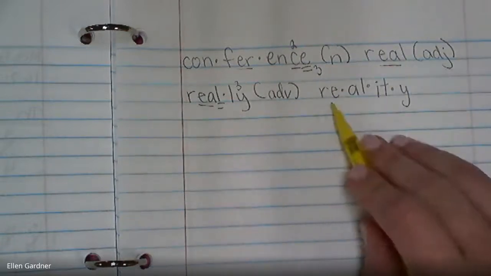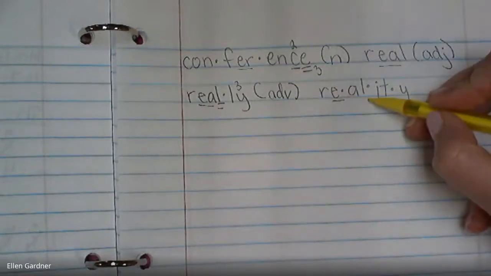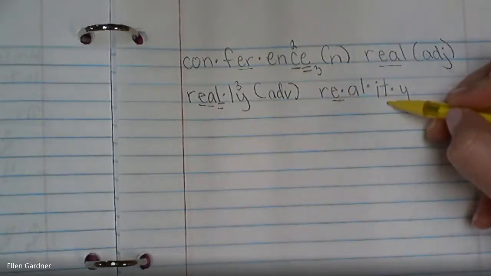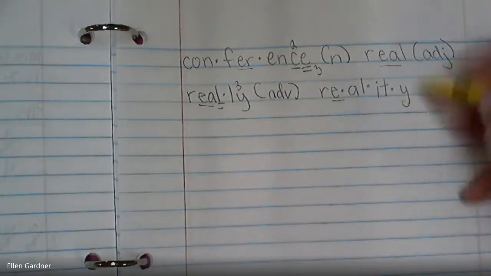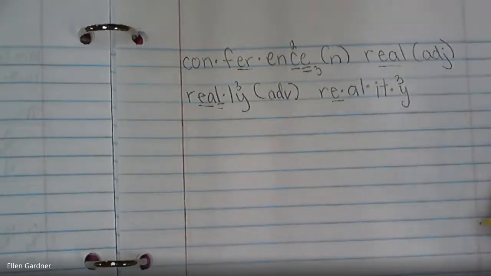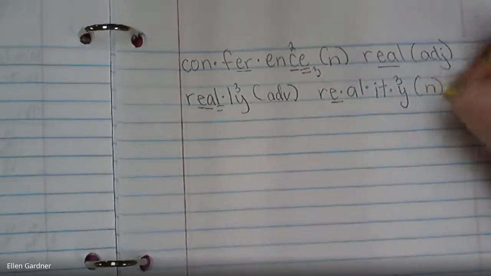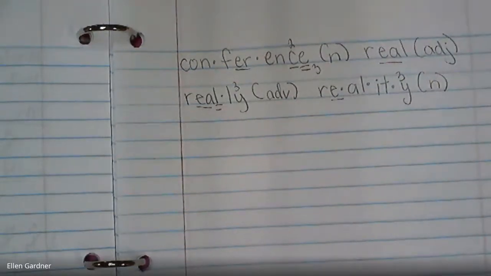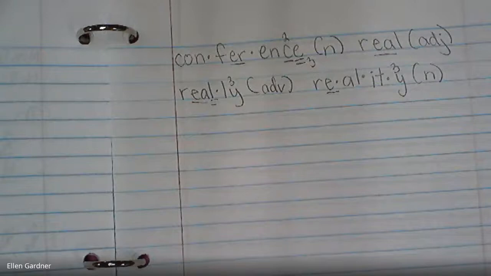So, E says its name, basic code, it, basic code, E. Third sound of I-E. This word is a noun. Put a parentheses and an n. Okay. Put a little n next to your parentheses.